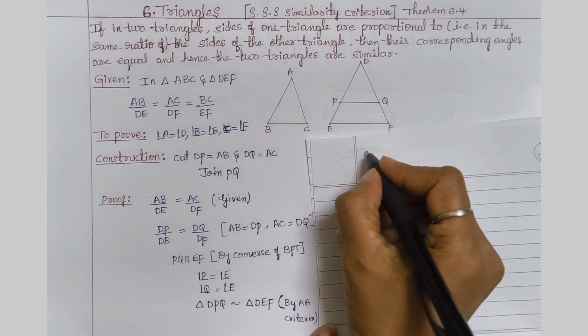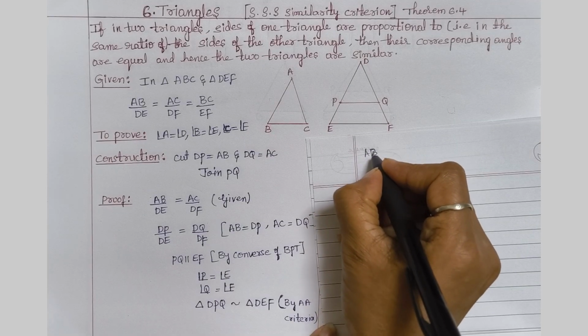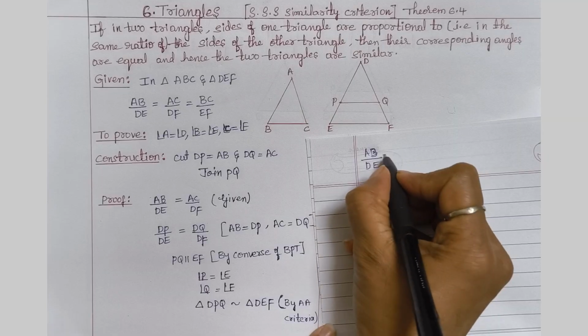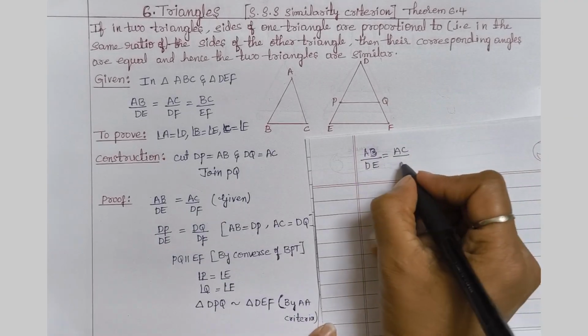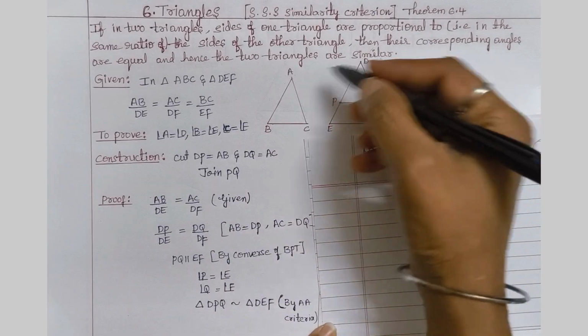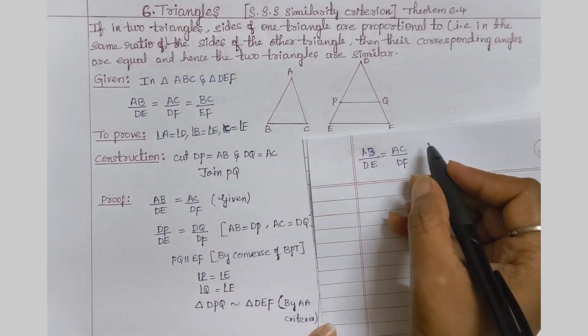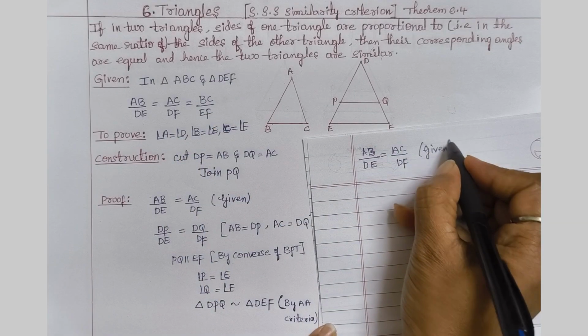So first I am writing it, carefully try to understand this one. AB by DE is equal to AC by DF. You can also write the reason: it is given in the question.